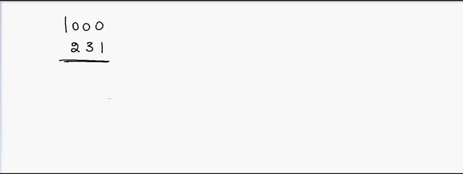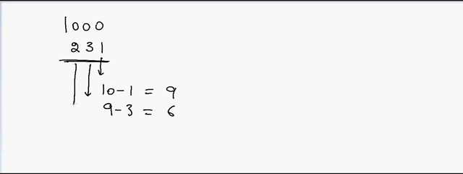In that case, first I'll take the first digit and subtract it from 10. So 10 minus 2 is 8. Then I'll take the second digit and subtract it from 9, that will be 6. And then I'll take the third digit and also subtract it from 9, equal to 7. So my answer will be equal to 769.